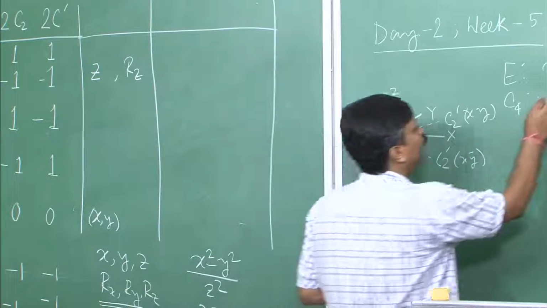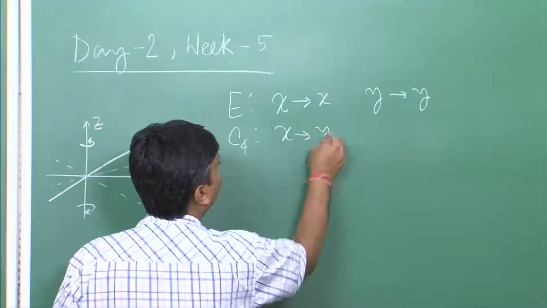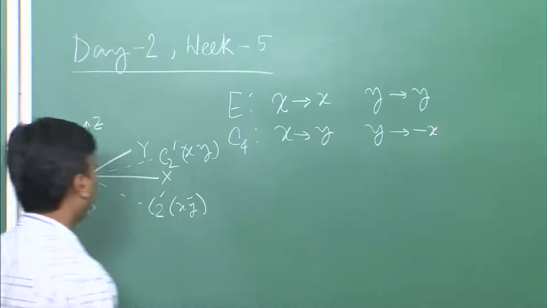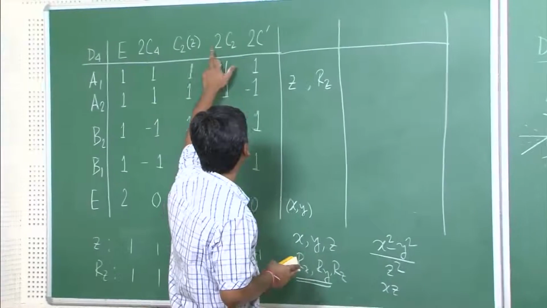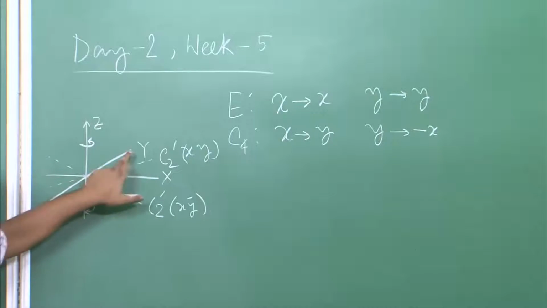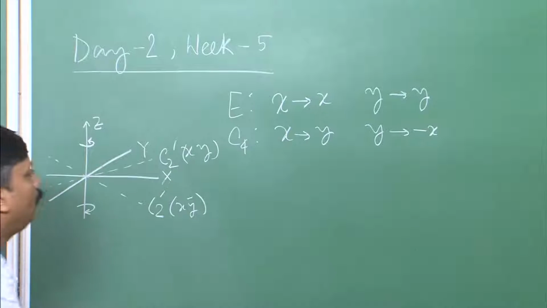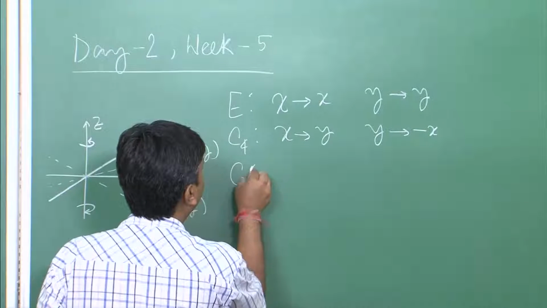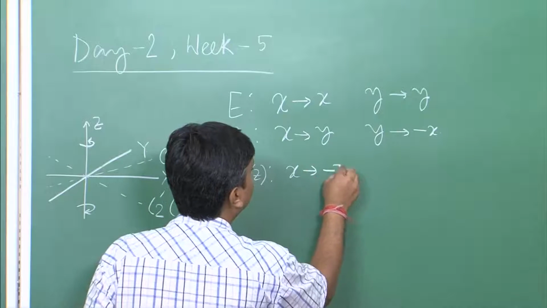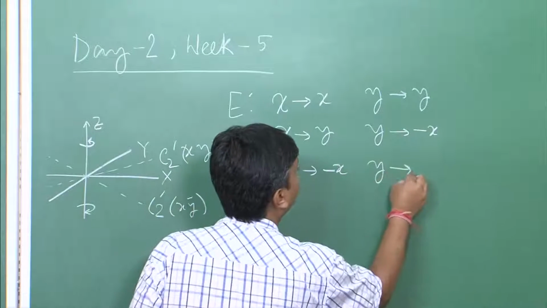All right, and C2z, x becomes minus x, y becomes minus y.